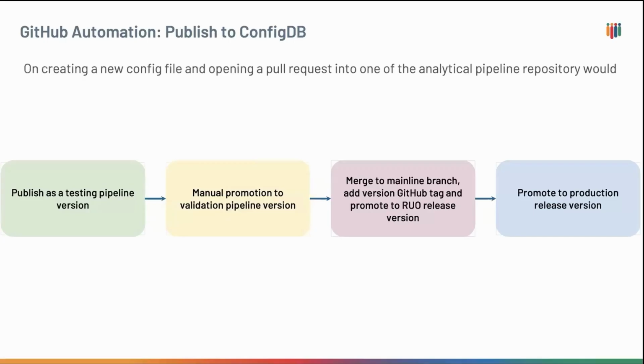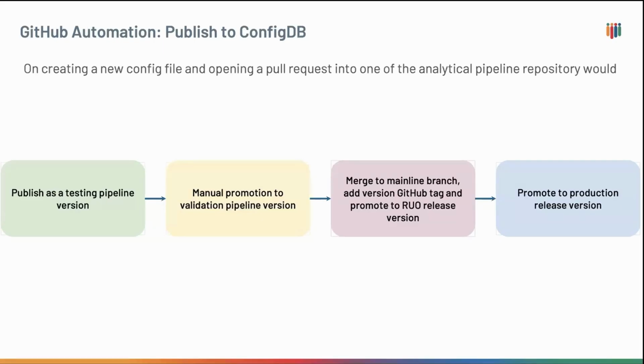So now let's take a look at the GitHub workflow automation used for publishing to ConfigDB. Whenever a new version config file is created and a pull request is opened in any of the newly created repositories, the config file is first published to ConfigDB as a testing pipeline version.